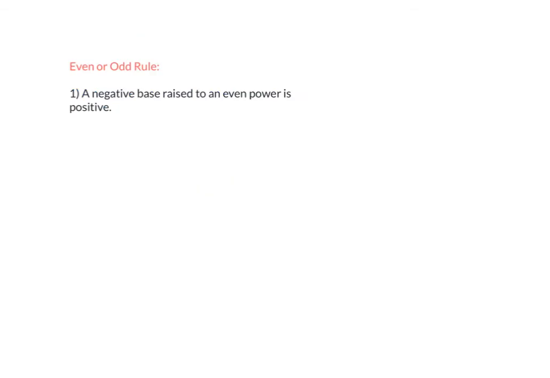All right, another rule of exponents called the even or odd rule. Let's start with number 1. A negative base raised to an even power is always positive. For example, if I have negative 2 to the 4th power, we expect a positive value because 4 is even.